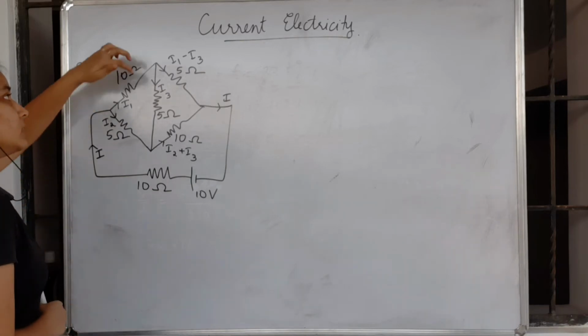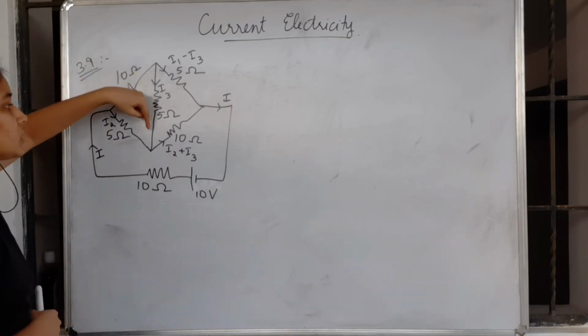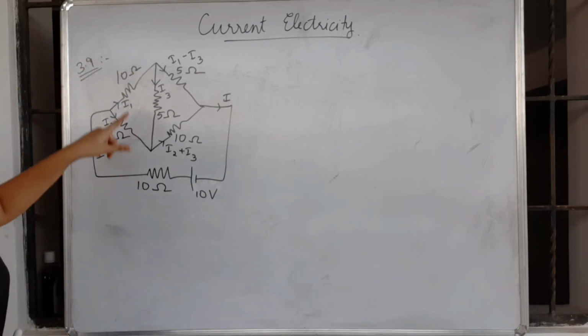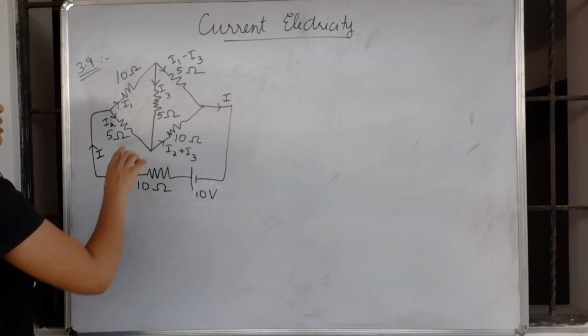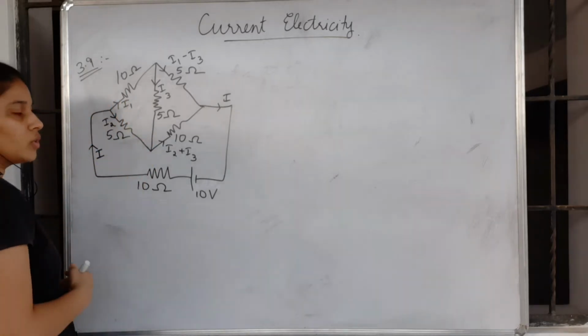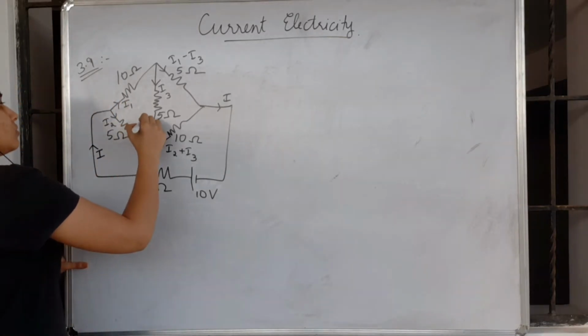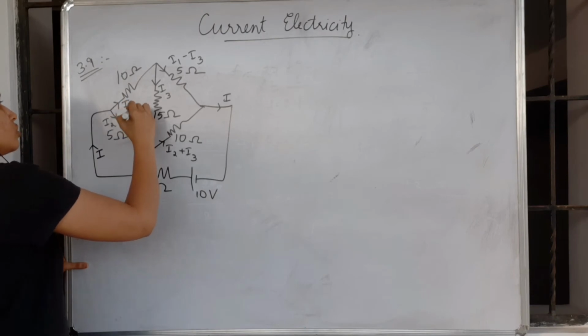That means current will be flowing through this resistor also, in the middle also. So the way to find the answer for this is by using Kirchhoff's law. We will be taking Kirchhoff's law through this loop.